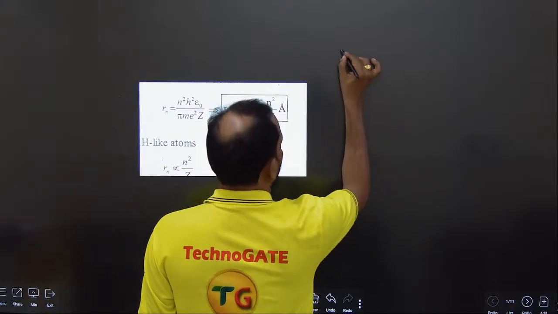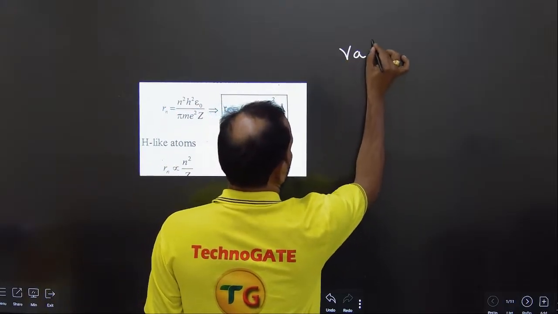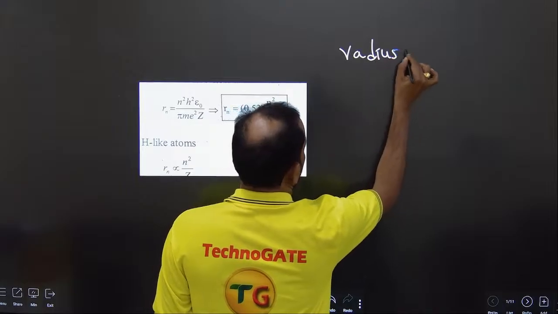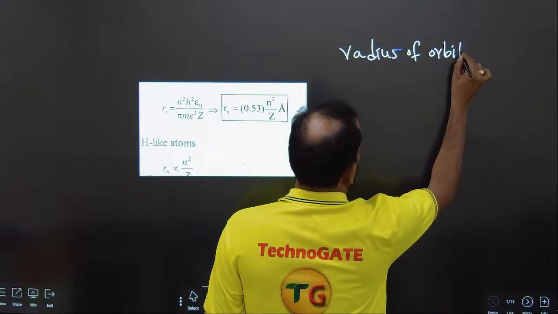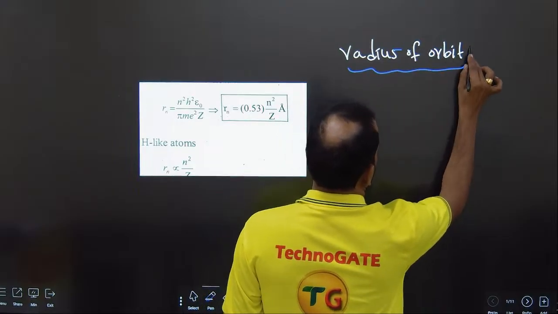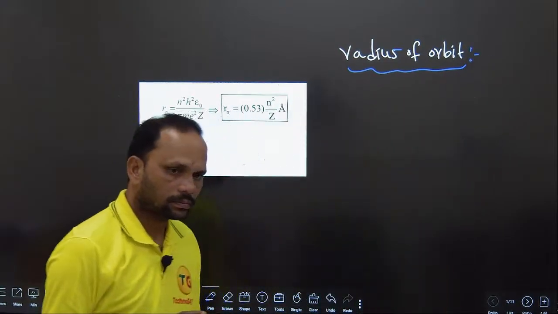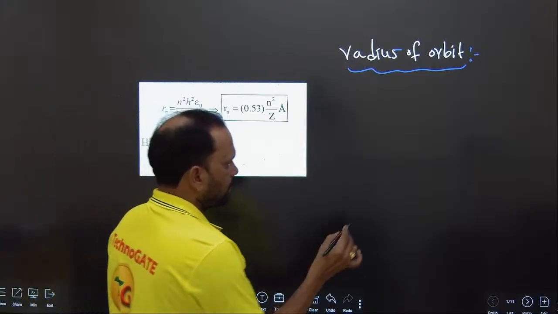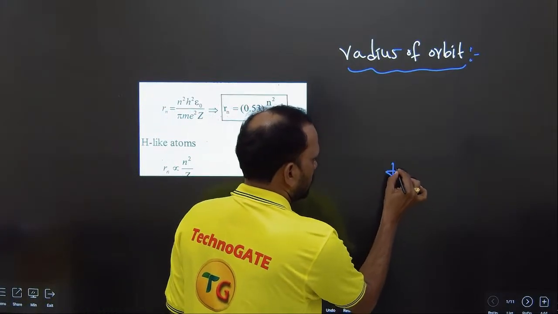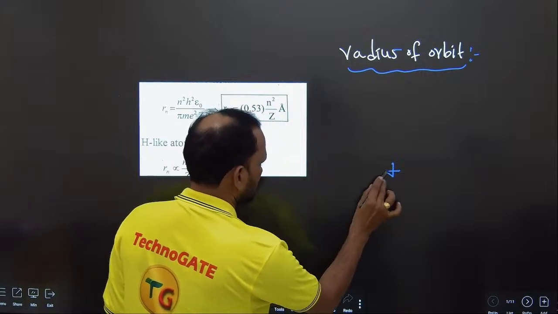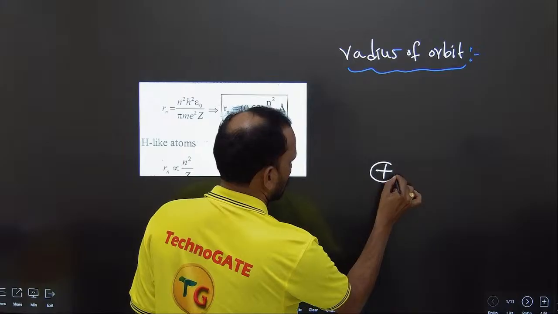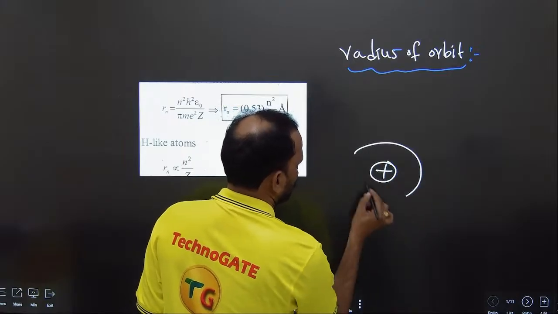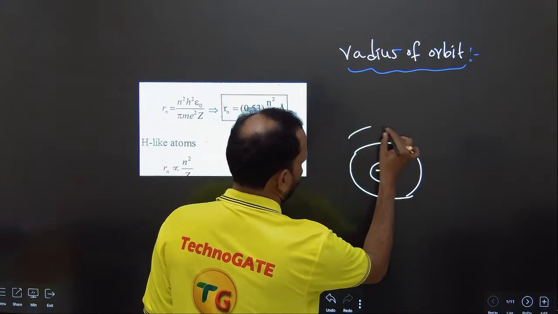Radius of orbit. For example, this is the nucleus. Around this nucleus, electrons are rotating.